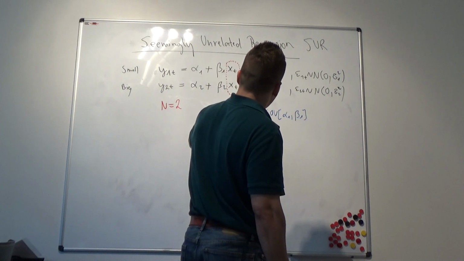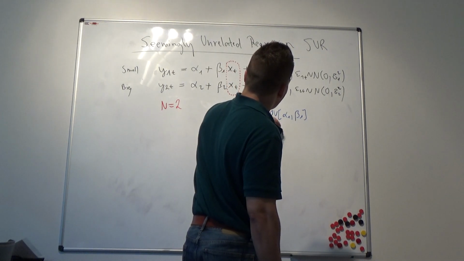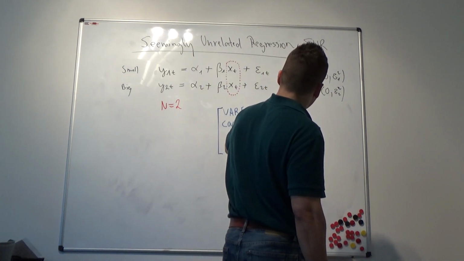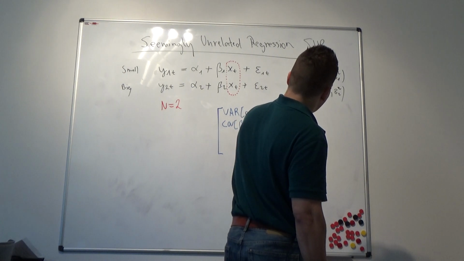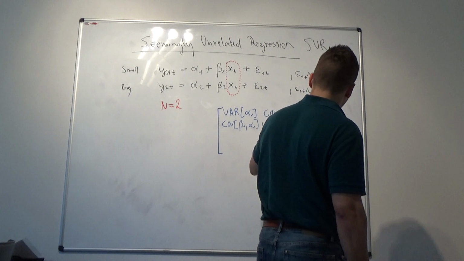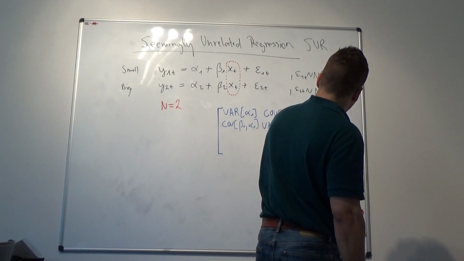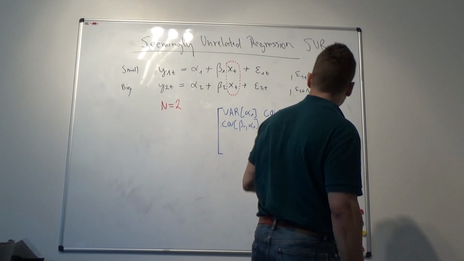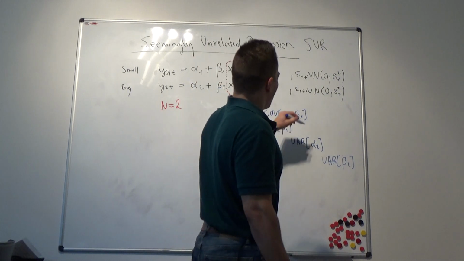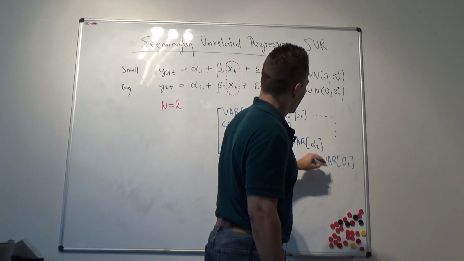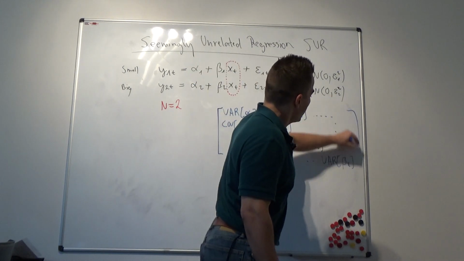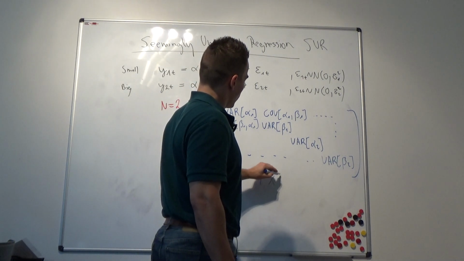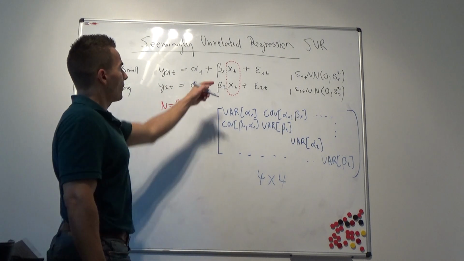We have the variance of beta 1. We have the variance of alpha 2. And here the last element on the main diagonal is the variance of beta 2. So we have obviously many covariances and variances going on. So that's a 4 by 4 matrix, because we have 4 parameters.